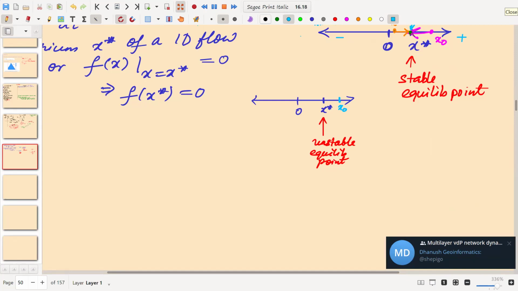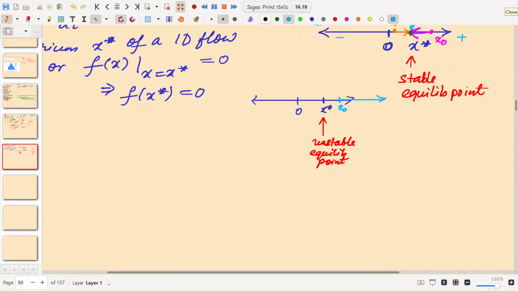If you simulate your 1D flow, it will go away from that fixed point, away from the equilibrium point. If you started from here also, it will go away from the equilibrium point. Why? Because x star is unstable. Whatever you start near will diverge.